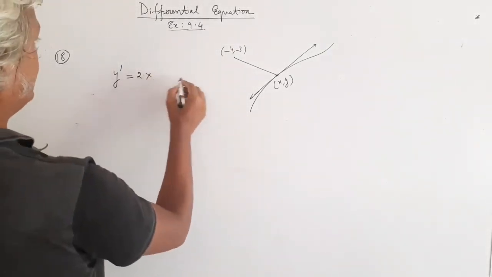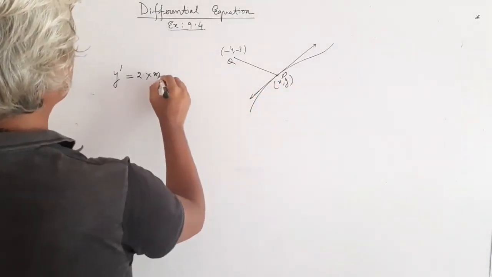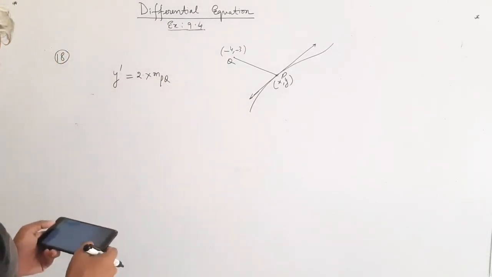If I name this as P and Q, it is 2 times the slope of PQ.